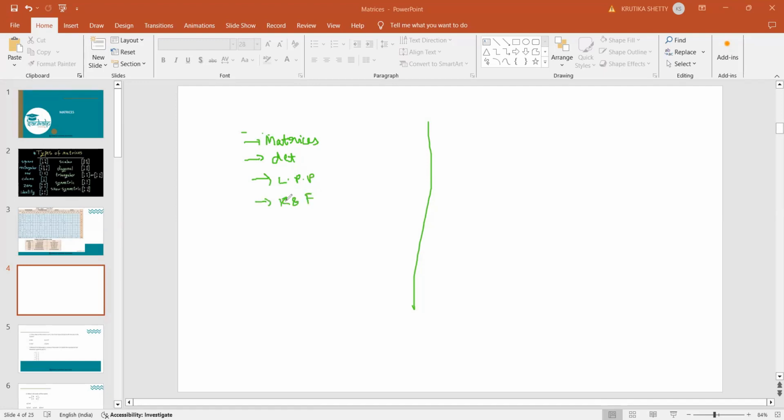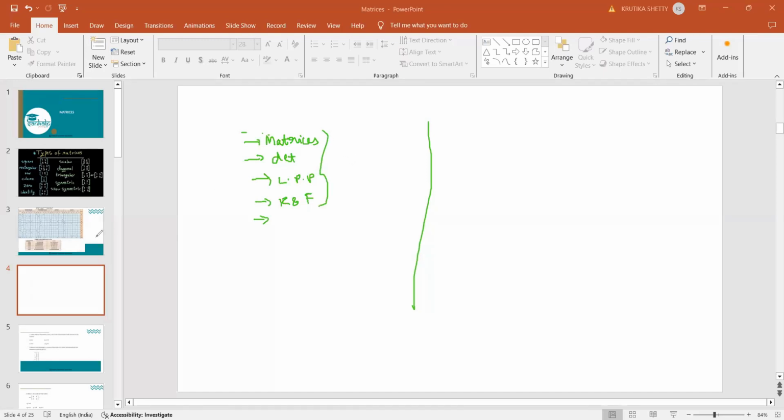Okay, so these are the four topics where trigonometry is not used much. Students find it difficult when it is connected with the first year part, that is the trigonometry part. So these are the few topics where you can score without the help of trigonometry.